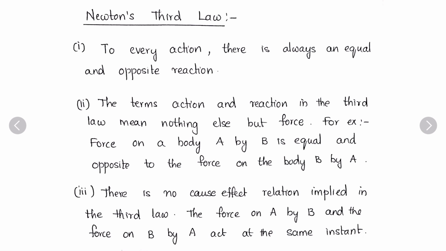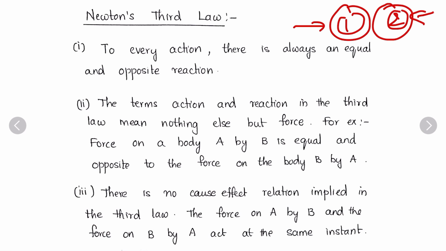No, this is not cause and effect, like somebody beating you and you beating them back. They work at the same time. If two balls are hitting each other, the force exerted on one ball by the other is the same as that of the second ball on the first.